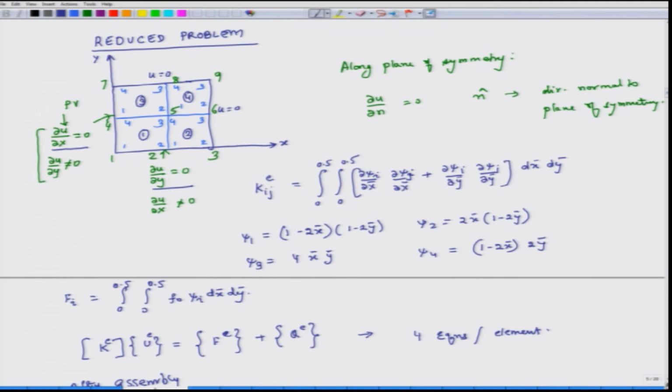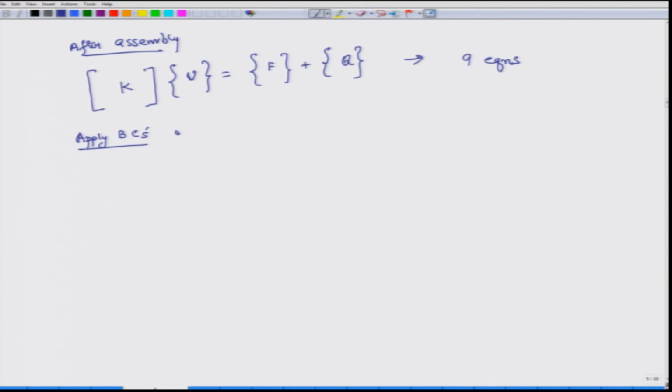So, the boundary conditions are that U3 is equal to 0, U6 is equal to 0, U9 is equal to 0, U8 is equal to U7 is equal to 0. So, how many terms are 0? 1, 2, 3, 4, 5, right. So, if I apply boundary conditions on primary variables, then these 9 equations reduce to how many?